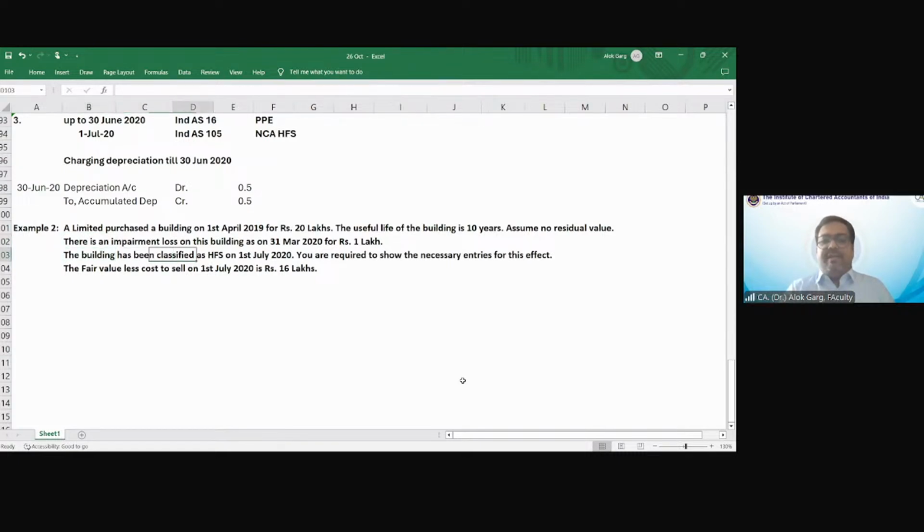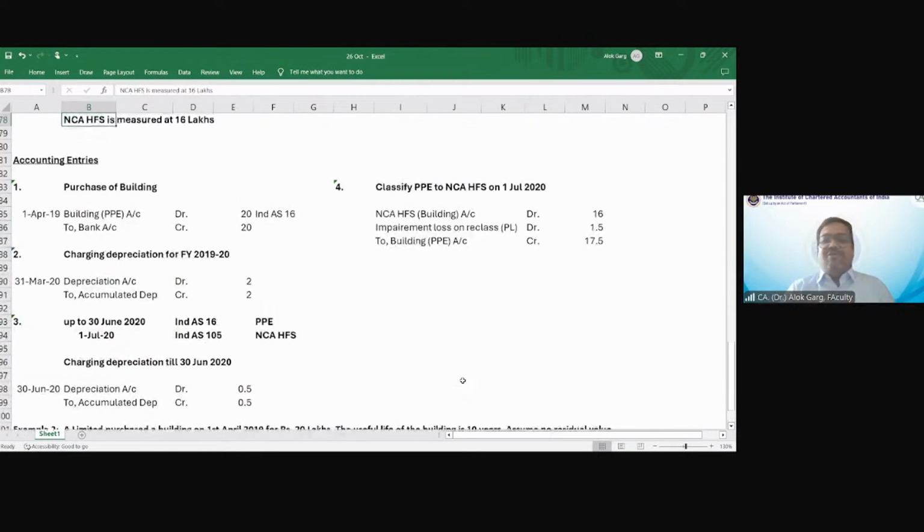The building has been classified as HFS on 1st July 2020. You are required to show the necessary entries for this effect. The fair value less cost to sell on 1st July 2020 is rupees 16 lakh. Quickly tell me the solution.